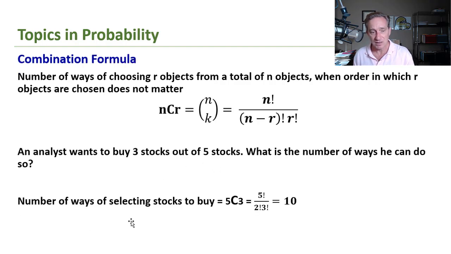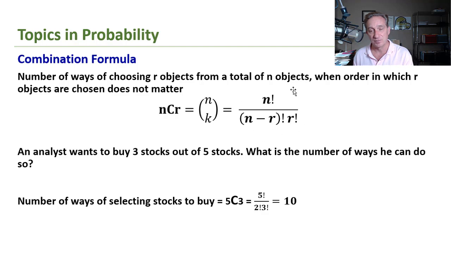Finally, combinations and permutations, very popular and common. Combinations: the number of ways of choosing R objects from a total of N objects when the order does not matter. That's also called a binomial coefficient, N choose R. How many different ways are there to choose R objects from a total set of N objects is given by the binomial coefficient itself.